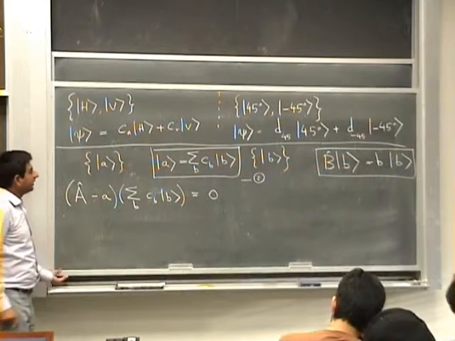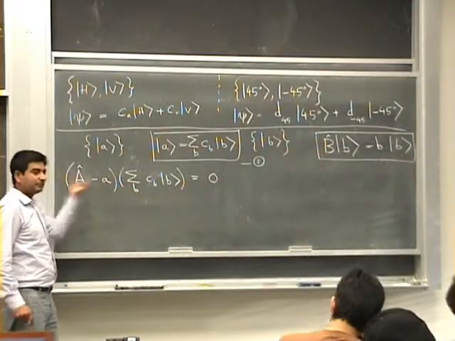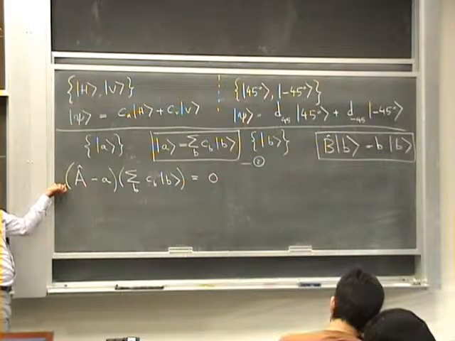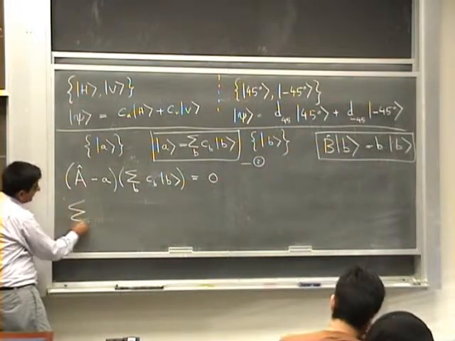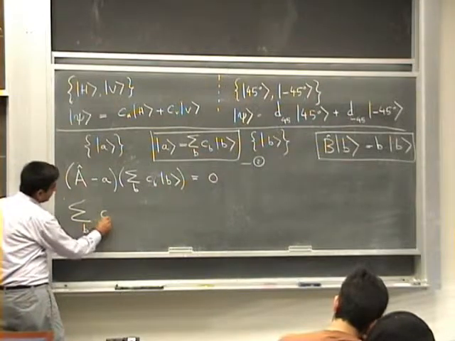ठीक है? अब देखो, I can take this summation side, I can bring it here because there is no B here. So I can bring this summation side B here. I can take this CB here.